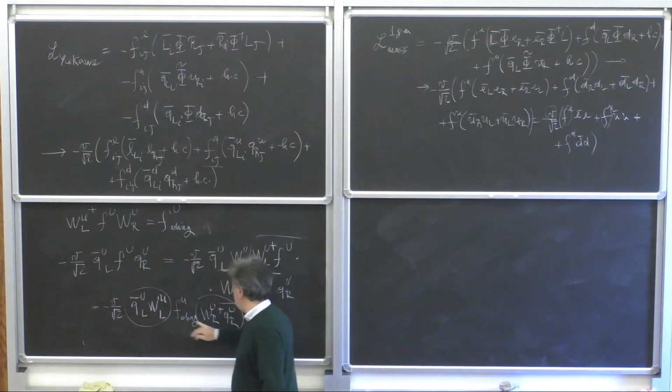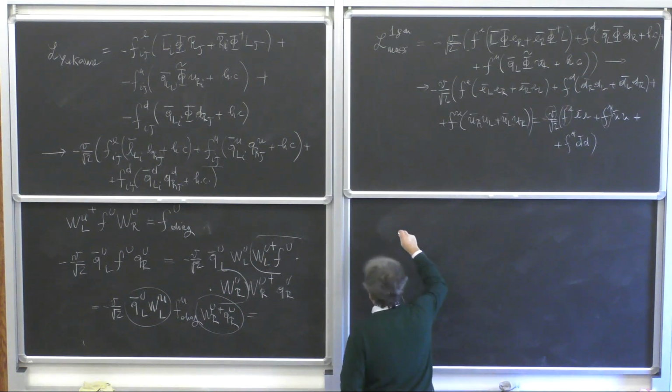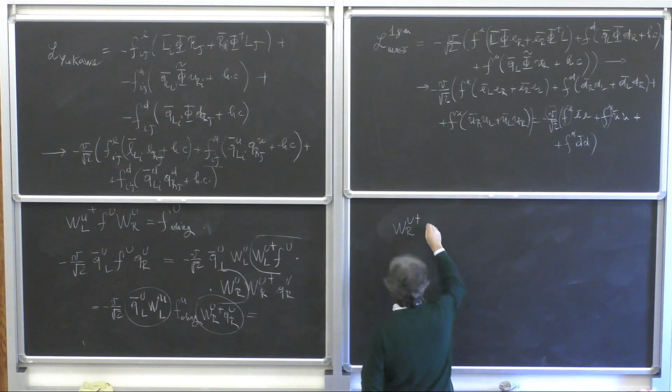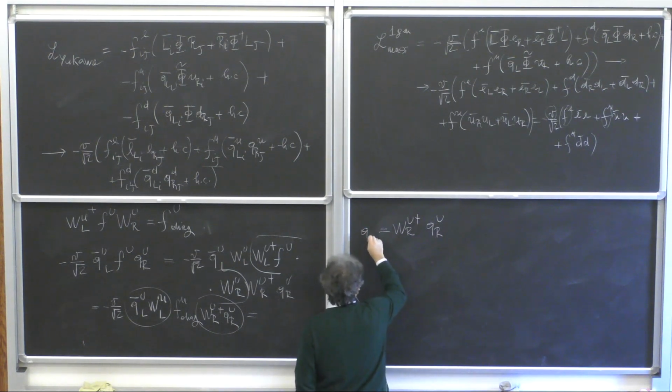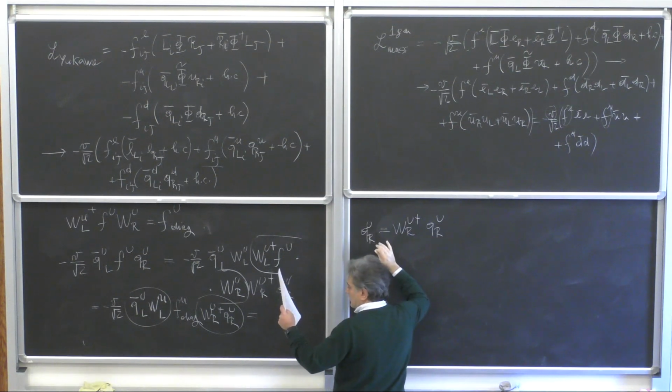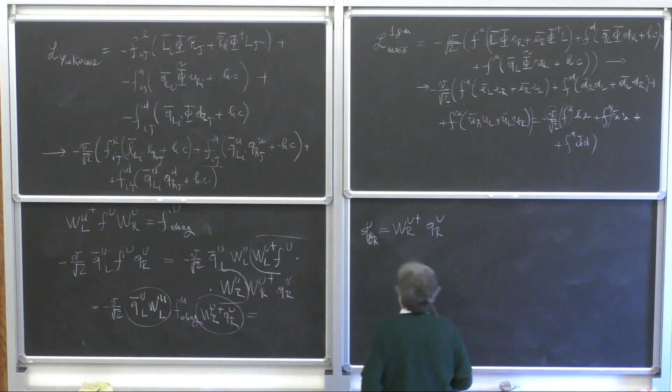We redefined these two vectors as, for instance, Q_R up dagger Q_R U. We can call it Q_R U, the zero, where we put the zero, Q^0_R.